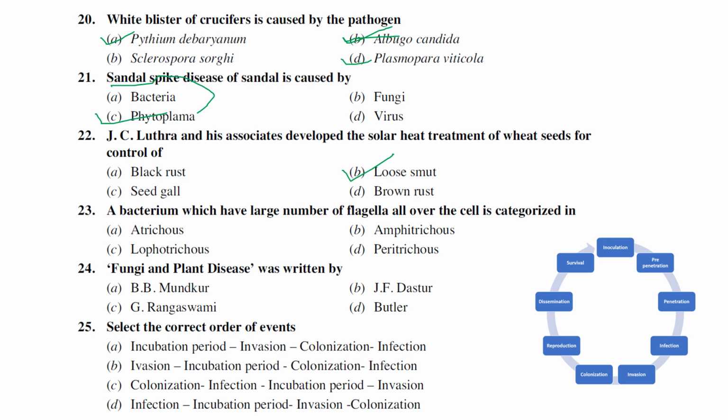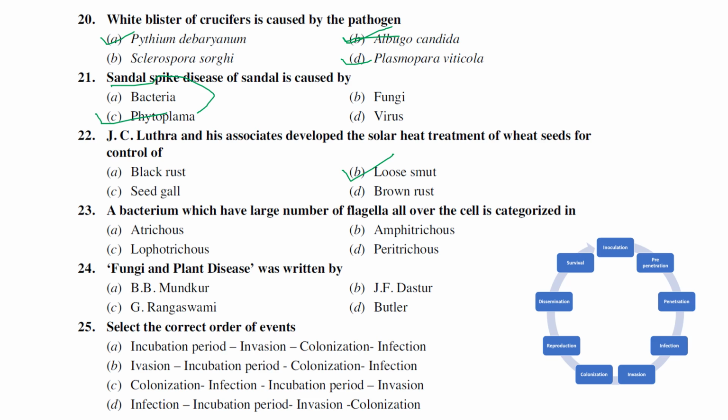This treatment is effective especially during summer seasons where the temperature is high, and we cannot perform this in winter and other seasons. It can only be performed during summer where the temperature is between 42 to 44. Above 42 is very good for the solar treatment. So the solar heat treatment is especially recommended for loose smut of wheat.